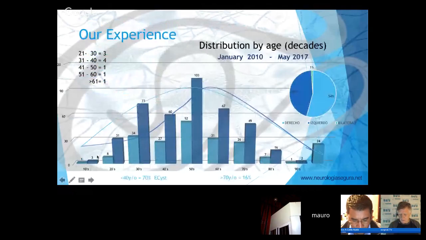We can see by decade: 10, 20, 30, 40, etc. There is a peak from 40 to 60, similar to other publications. It's very common. Some of our patients are more than 70 years old, representing 16% of the cases.